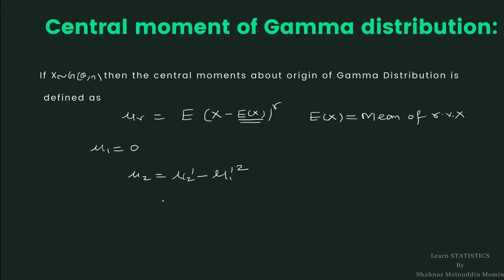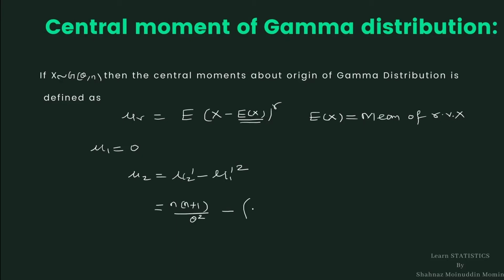In the previous lecture we have already learned how to calculate the raw moments of gamma distribution. We shall use the values of raw moments from the previous lecture to calculate the central moments in this lecture. So I will substitute the second raw moment about origin, which is n into n plus 1 upon theta square.